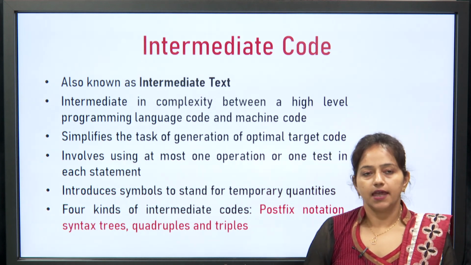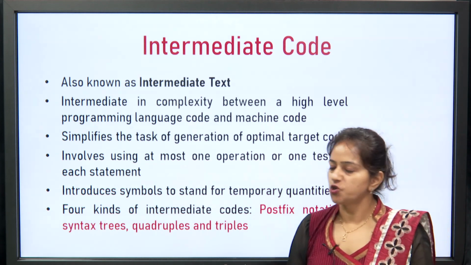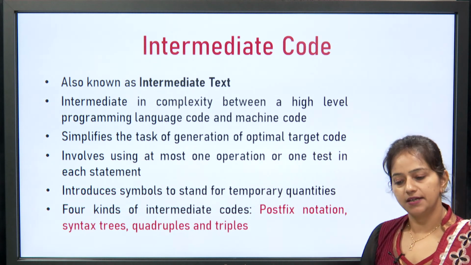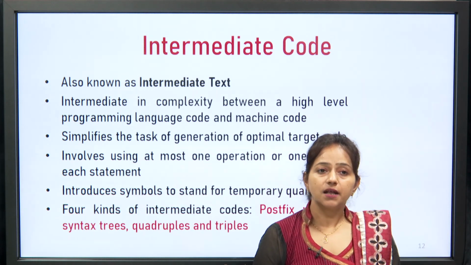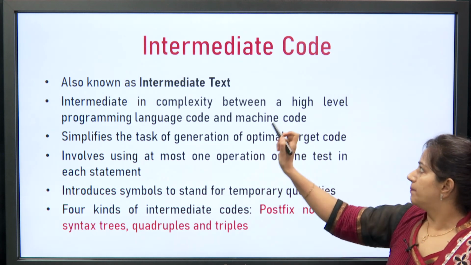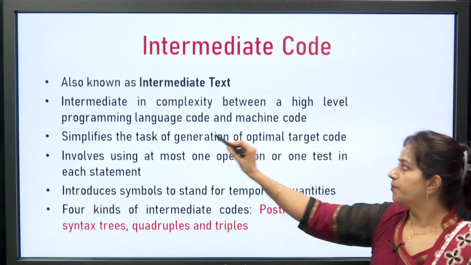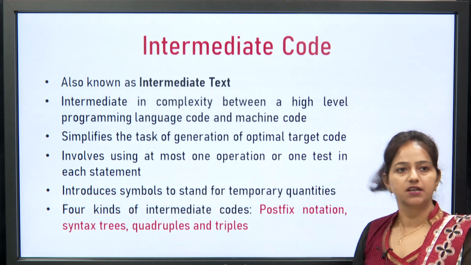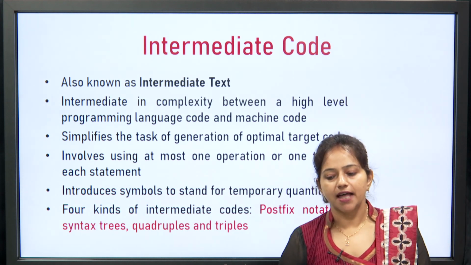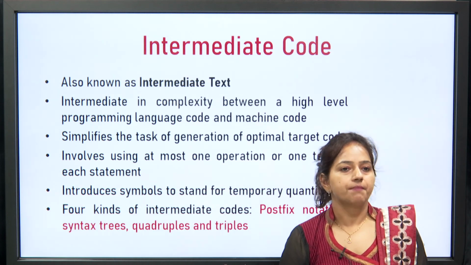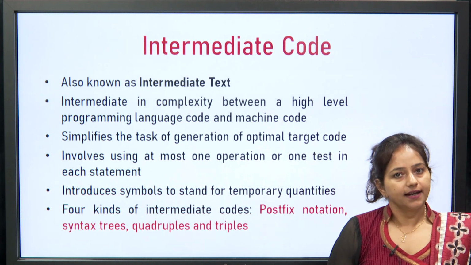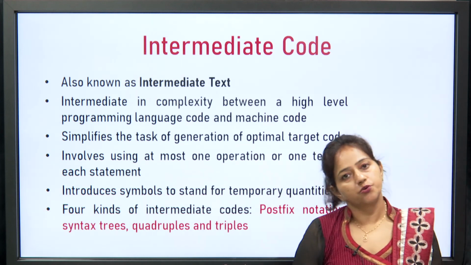Next is intermediate code. This is also known as intermediate text. This intermediate code is intermediate in terms of complexity between high level programming language code and machine code. It simplifies the task of generating optimal target code. A compiler designer may directly generate the target code from the source code.